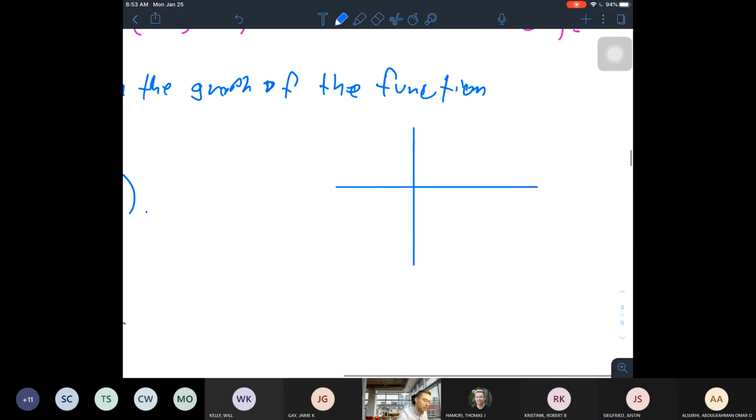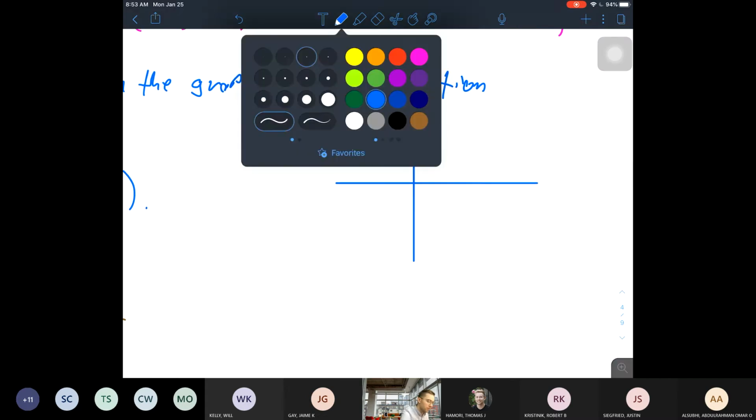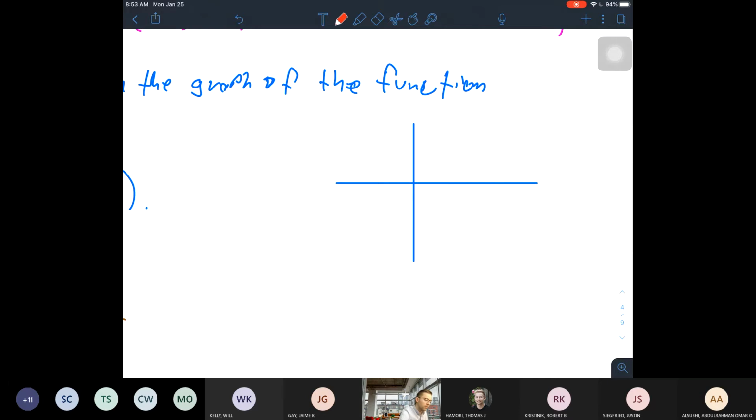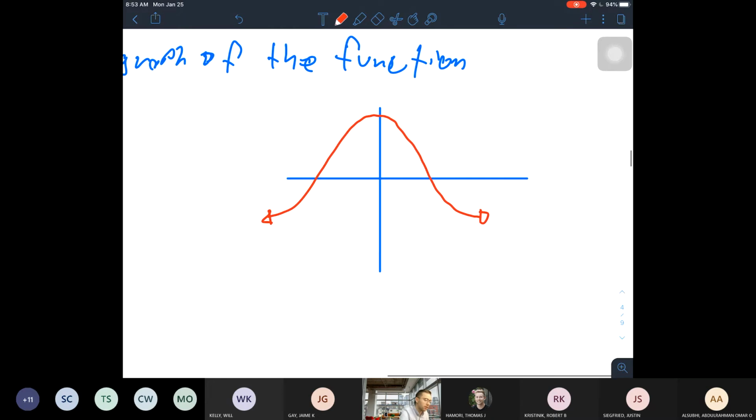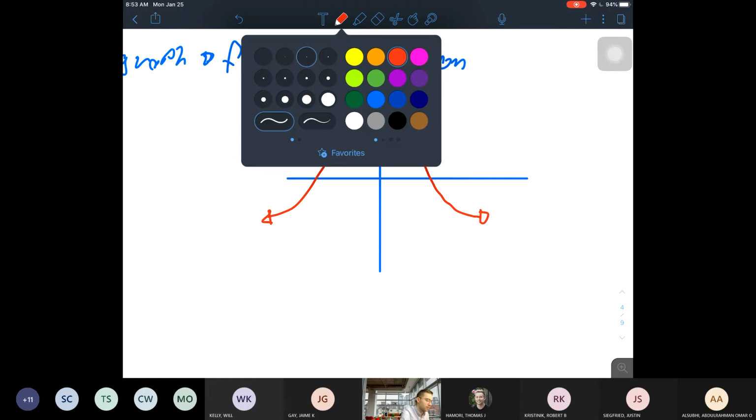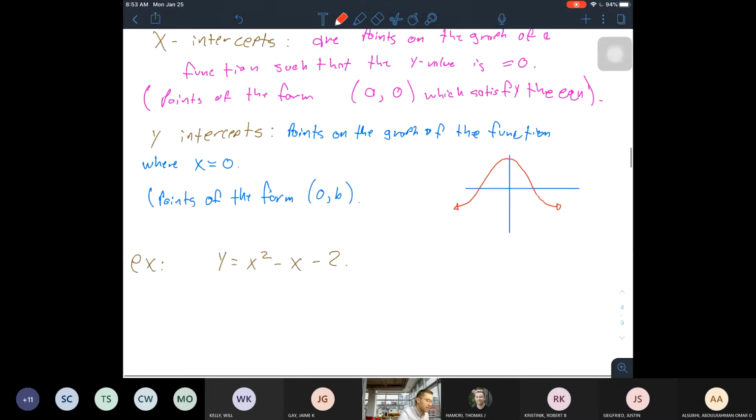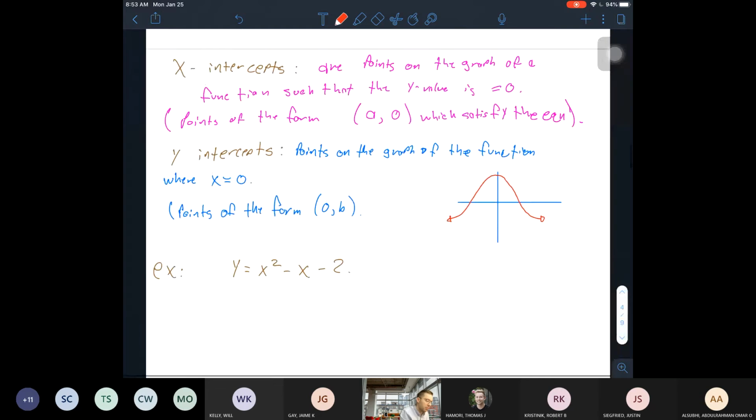If I have some equation, maybe it looks like this. Then my x-intercepts are going to be points on the function such that the y value is 0.